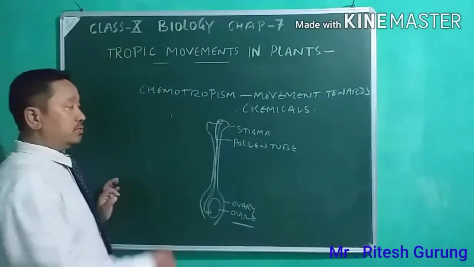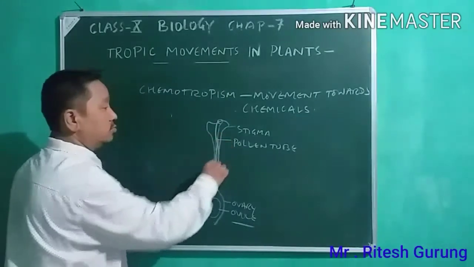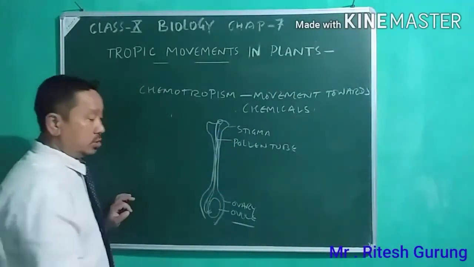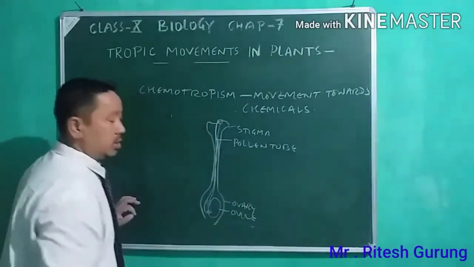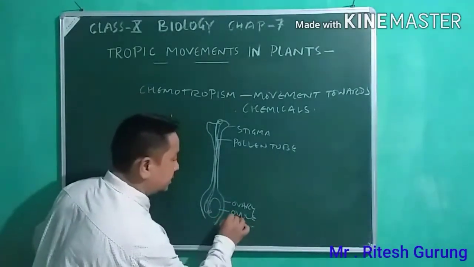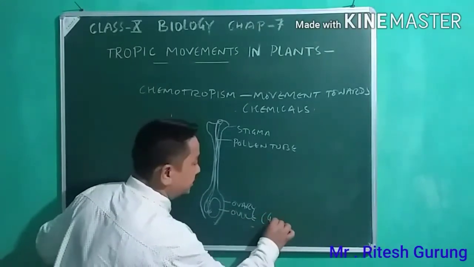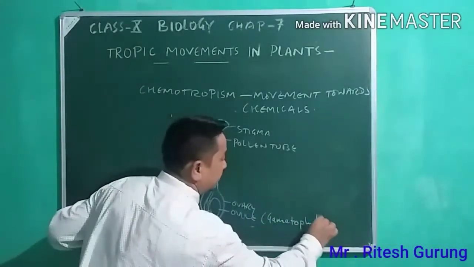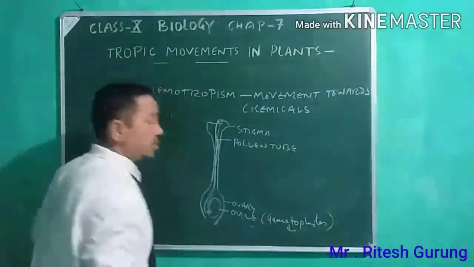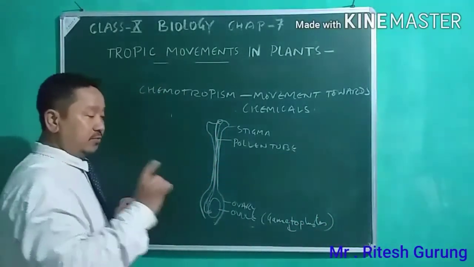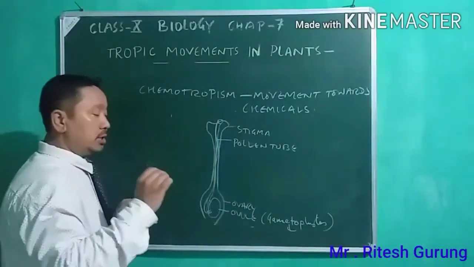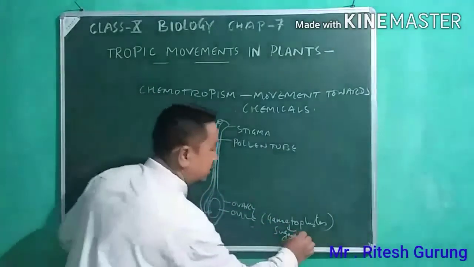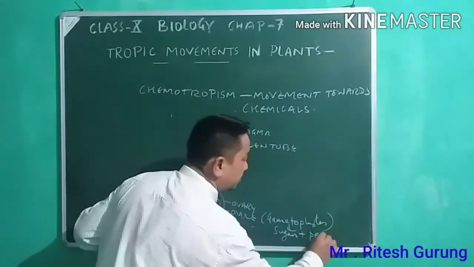So this pollen tube grows or moves towards the chemicals produced by the region called gametophytes. Gametophytes produce two different kinds of chemicals, sugars plus peptones.